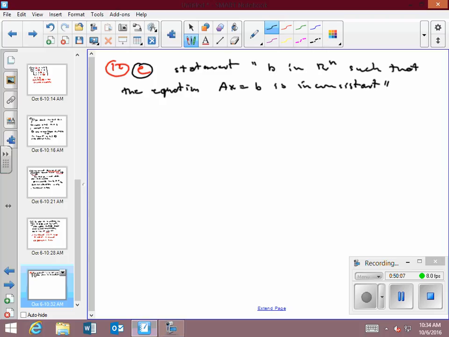If it's consistent, it has one, right? If it's inconsistent, it has none. So that statement says that this is a negation of theorem 8. Which one is it? G.